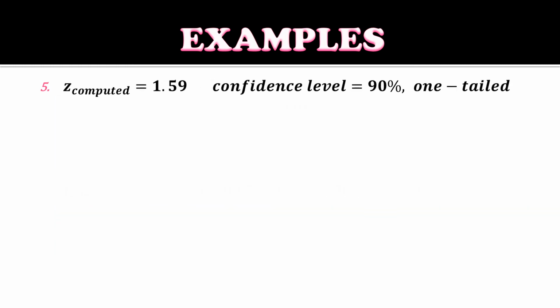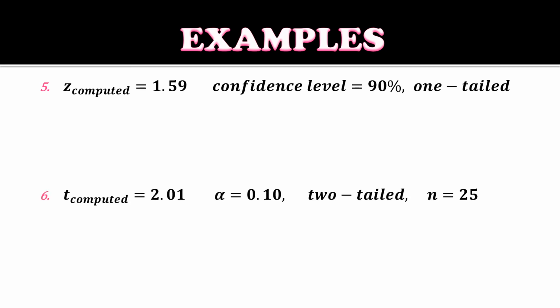So example number 5, computed z equals 1.59, confidence level is 90%, one-tailed. And number 6, t computed equals 2.01, alpha equals 0.10, two-tailed, and n equals 25.